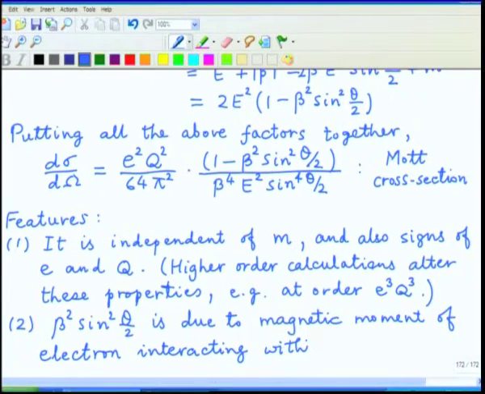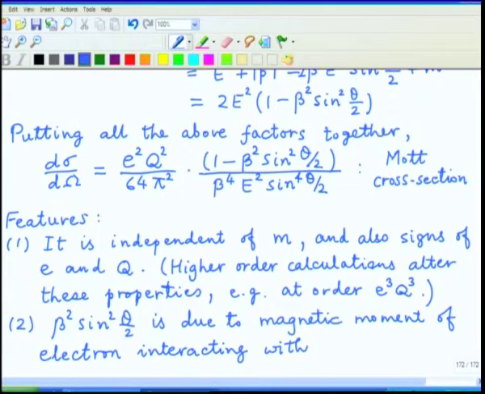It is a consequence of the magnetic moment of the electron interacting with the magnetic field which the electron feels in its own rest frame, because in the rest frame of the electron, the nucleus or the target charge is moving, it therefore has a current, and it will produce a magnetic field, and the magnetic moment of the electron will respond to that magnetic field, and that contributes to the cross section.